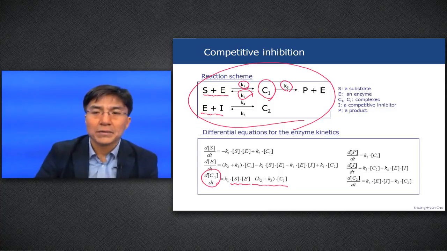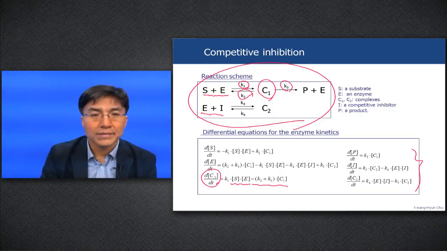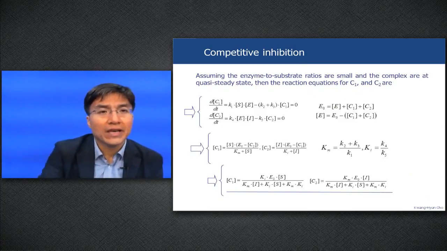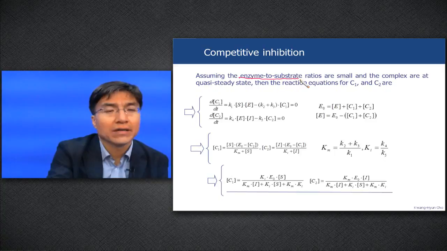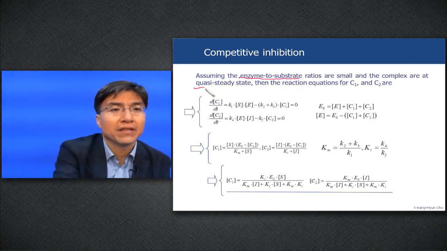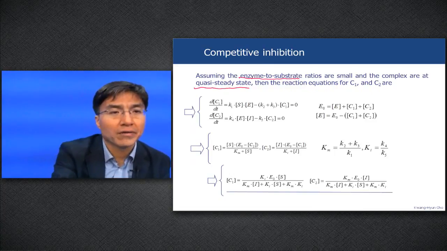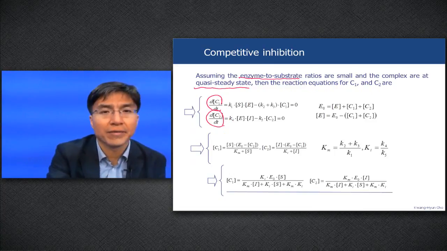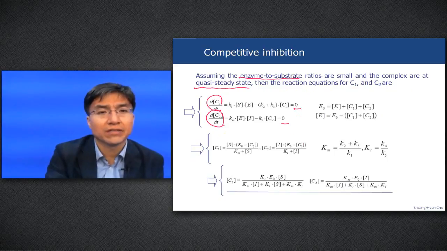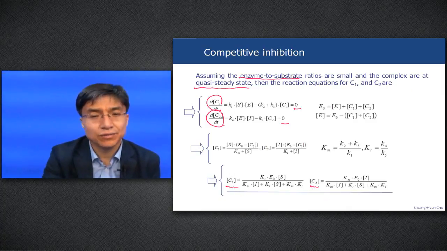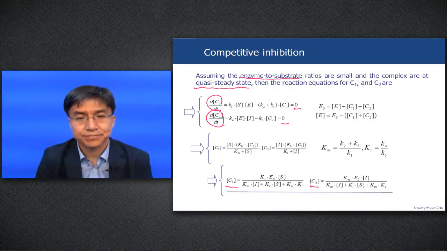Similarly, we can have all other mathematical equations. And then, again, we assume the same enzyme to substrate quasi-steady state condition. At this point, the rate of change of both complex formations will become 0. Then we can simplify the previous mathematical model, and if we solve the equation with respect to complex 1 and complex 2, then we have this equation.